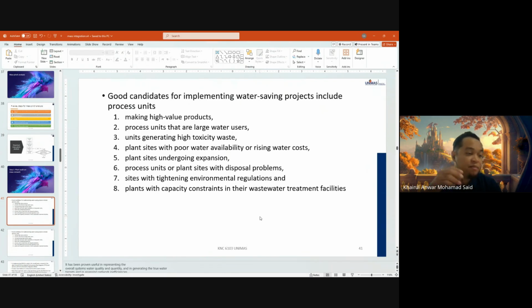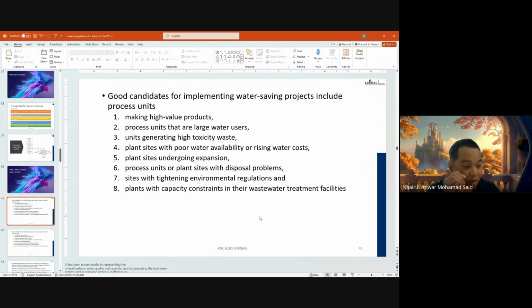Before we write any single equation or draw a single curve, we must put on our hard hats and walk across the plant floor. So step one is the plant audit.